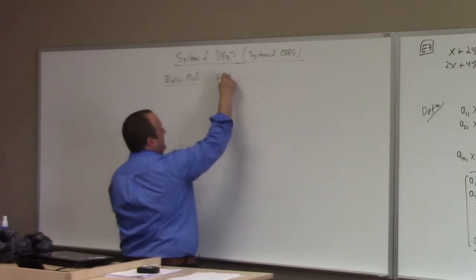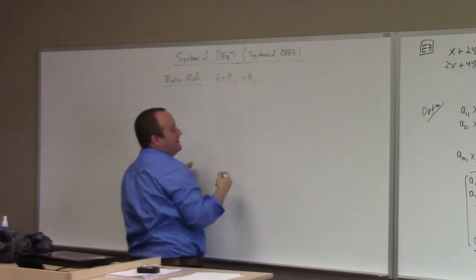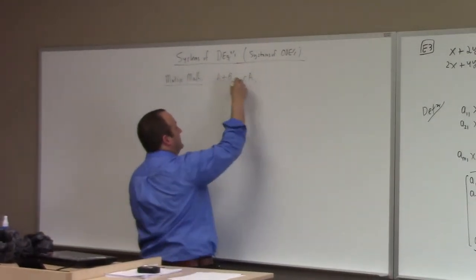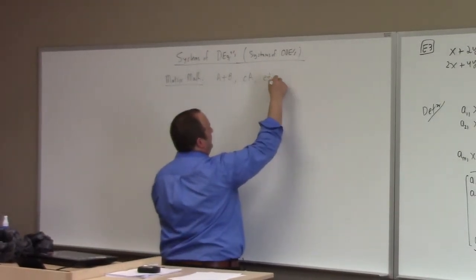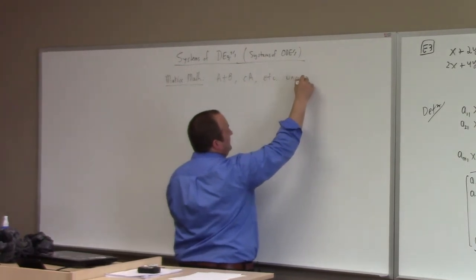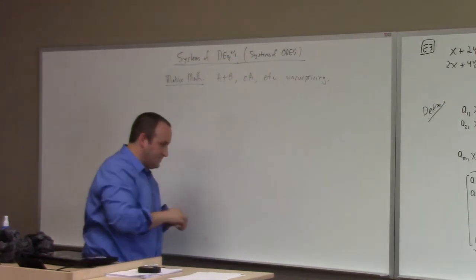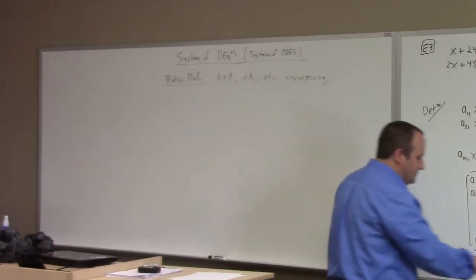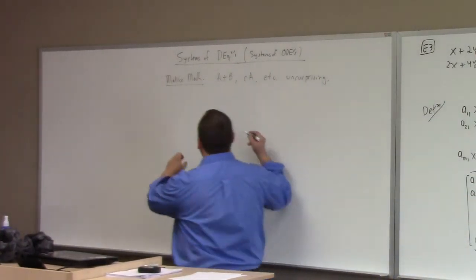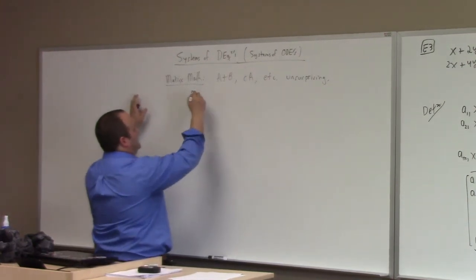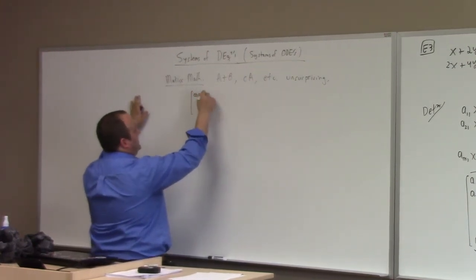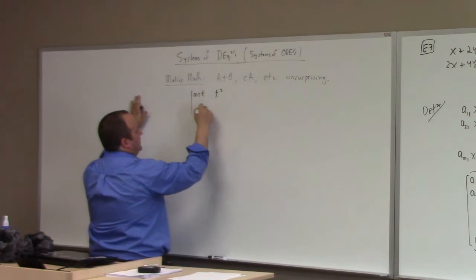A plus B, C times A, etc. Unsurprising, all right? For example, I can take matrices of functions just the same, like cosine of t, t squared, 1, e to the t.